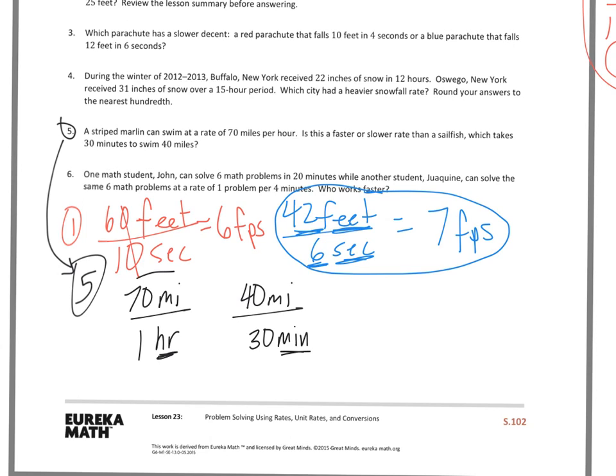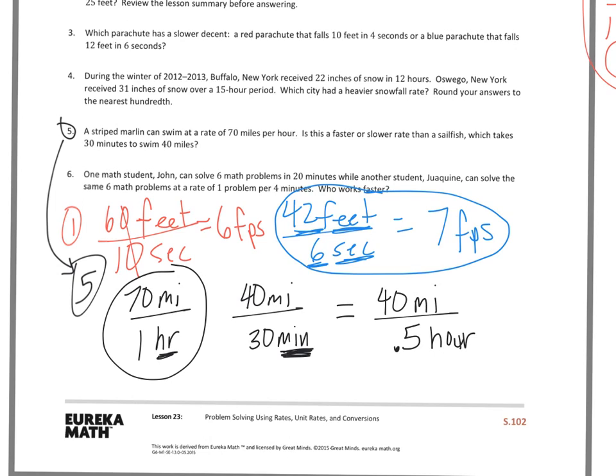Since this one is out of a unit rate for hours, I'm going to try to get this one into hours. And I know that 30 minutes is half an hour, so that's going to equal 40 miles for a half hour. So I'm switching it over into hours. I'm converting 30 minutes to an hour.